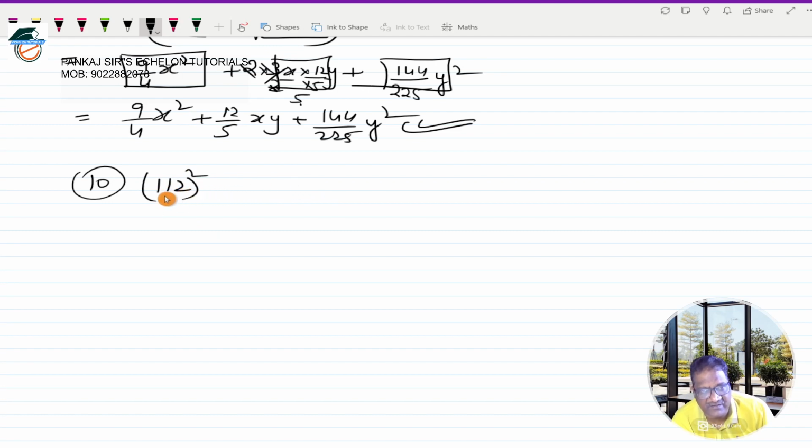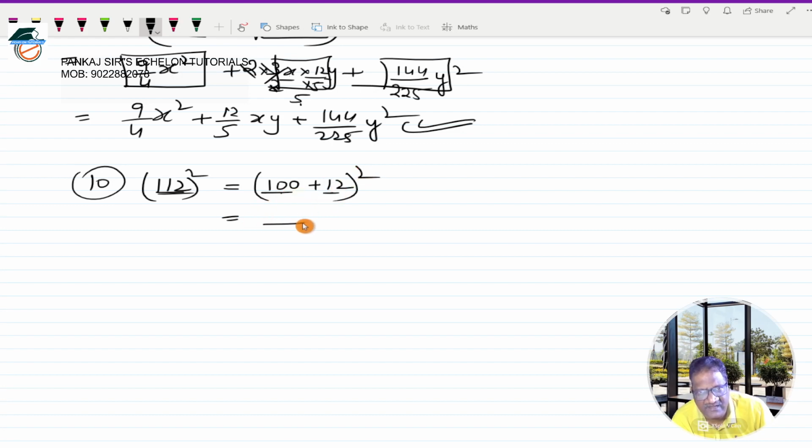This 112 can be written as 100 plus 12, and then you write the square. So I have split 112 into 100 and 12. This becomes the first term and the second term of the binomial, and the whole square. So this is a plus b the whole square, or first term plus second term the whole square.